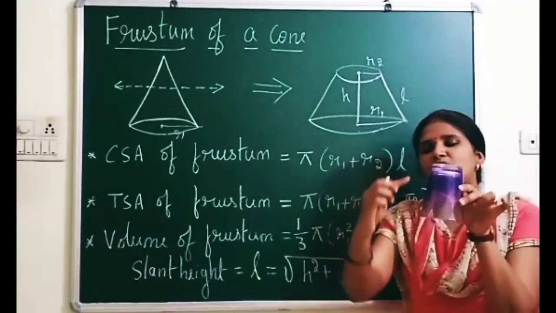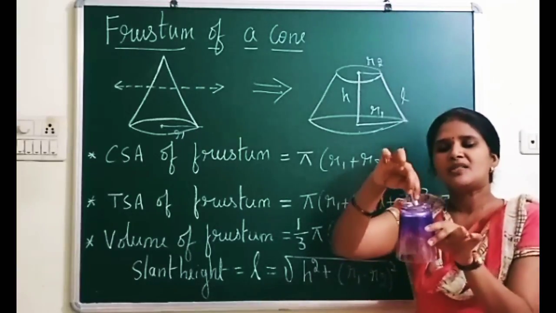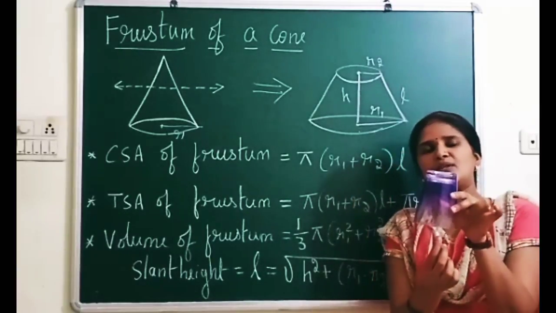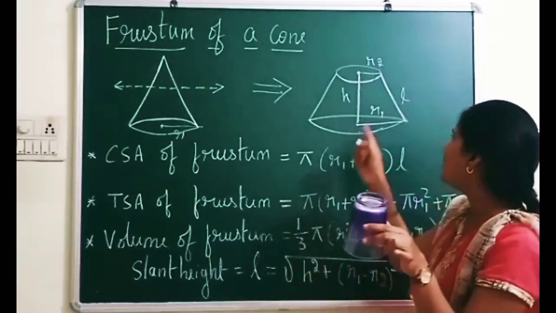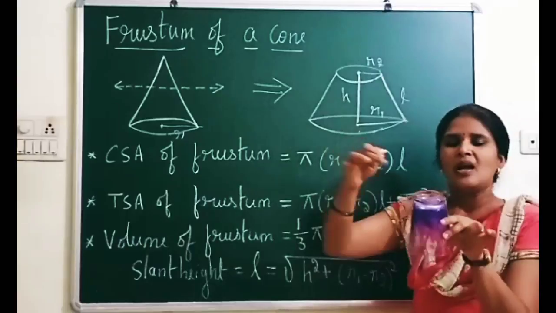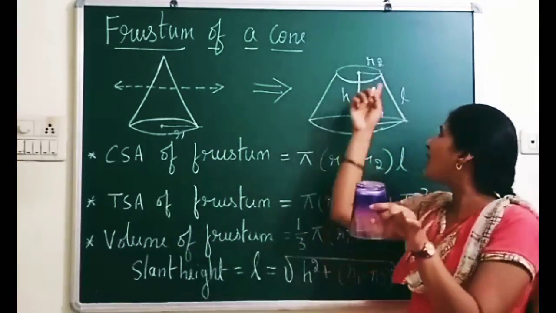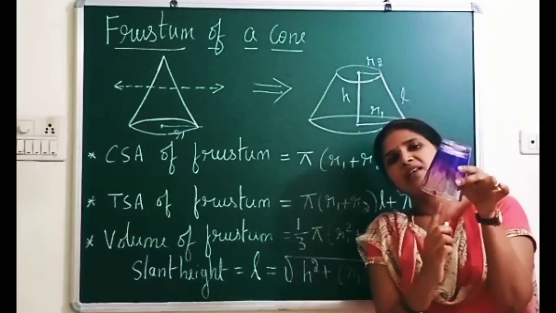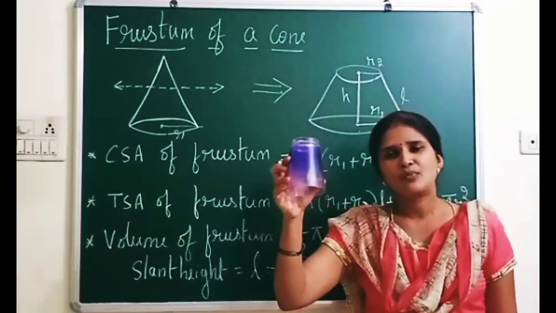From this edge to this edge is L, the slant height. From the center of the top circle to the center of the bottom circle, that height we call the perpendicular height and name it H. Let me take the top circle radius as R2 and the bottom circle as R1. So this is called a frustum of a cone.